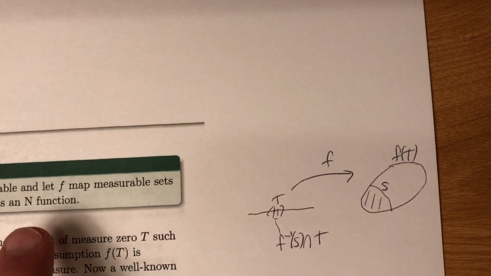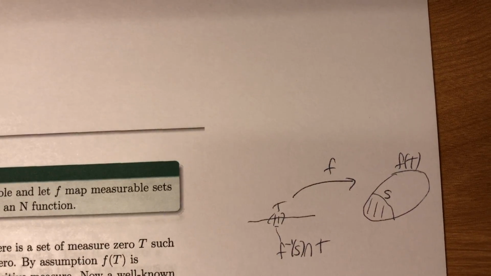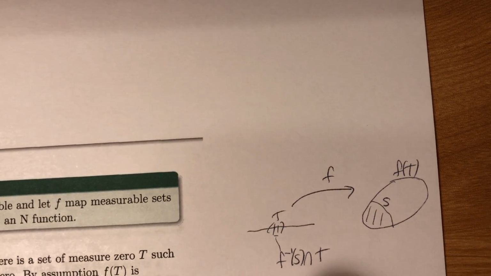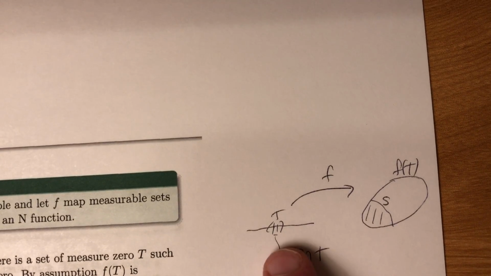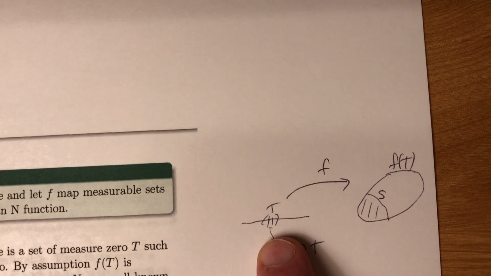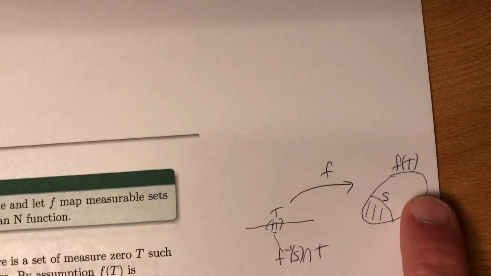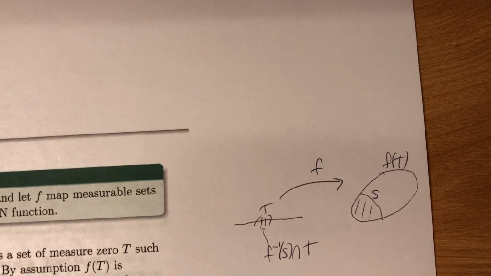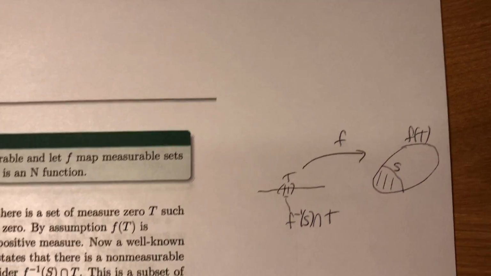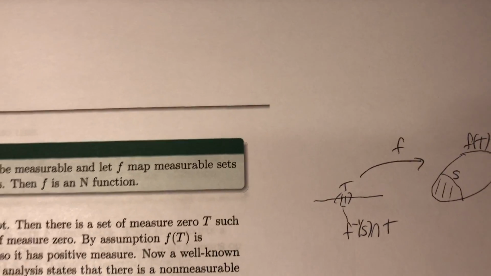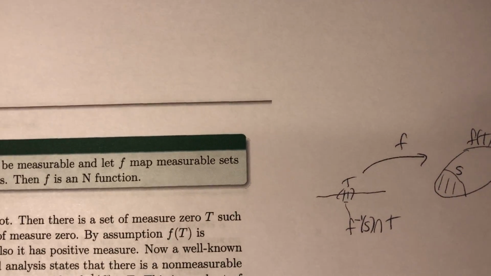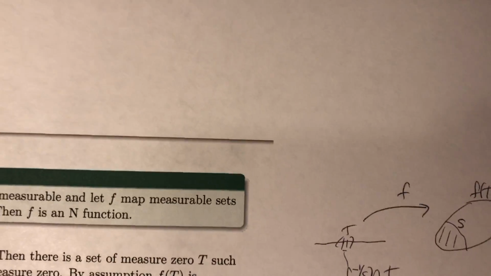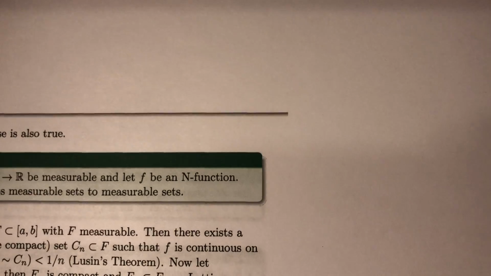So assuming that f maps measurable sets to measurable sets, it's not possible for f to map a set of measure 0 to a set with positive measure. It must map a set of measure 0 to a set of measure 0. That's an interesting feature: if a function takes measurable sets to measurable sets, then it's in fact an n function.